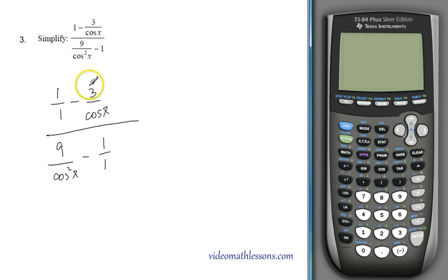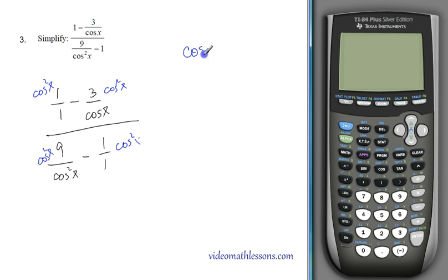Now, we look at all the denominators. My CD is cosine squared. On all the numerators, put cosine squared. Cancel if you can cancel. Now look, nothing cancels in the first one, so just keep it.